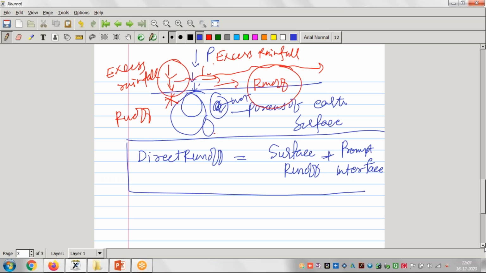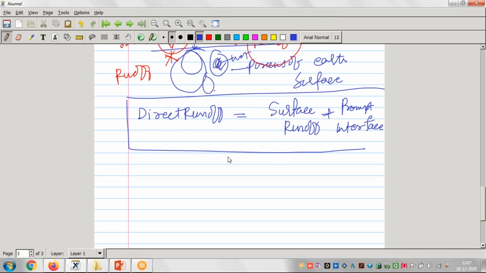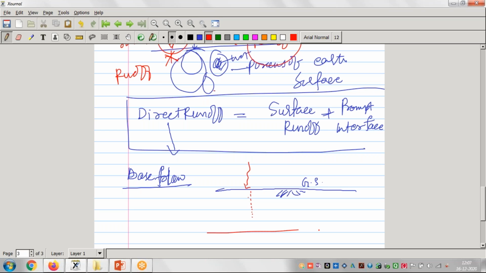Now, I'm going to tell you what the base flow is and why this base flow is there. So this is one of the direct runoff, and then another thing we had seen is the base flow. We know what the base flow is. If this is our Earth surface, the ground surface, when the rainfall occurs, some quantity of water comes below the surface and reaches the water table.